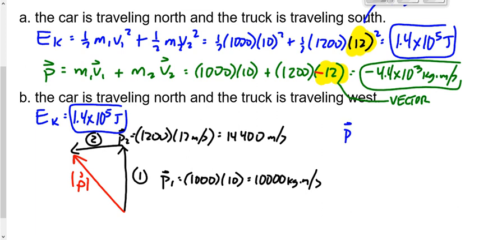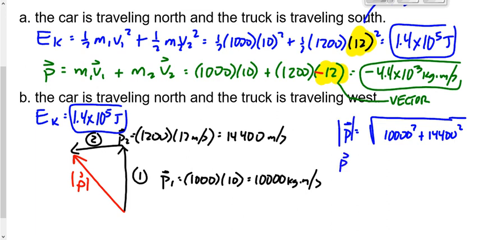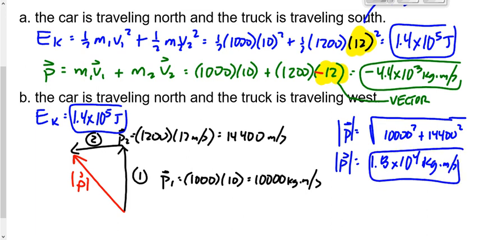To add those together, we have to do the Pythagorean theorem. 10,000 squared plus 14,400 squared. A squared plus B squared is equal to C squared. That works out to be 1.8 times 10 to the 4.